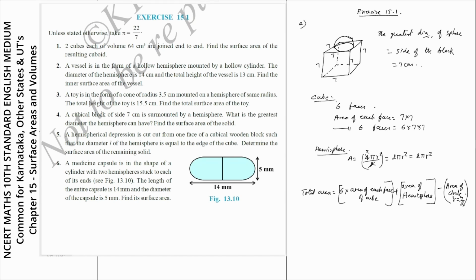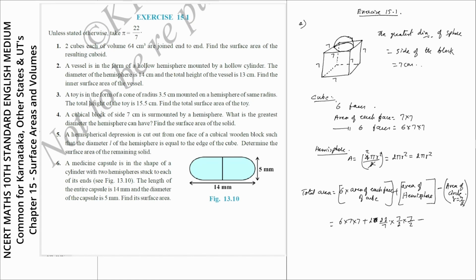Okay, now this is equal to 6 into area of each face of cube, that is 6 into 7 into 7, plus area of hemisphere is 2 pi r square, 2 into 22 by 7. What is r of the sphere? That is 7 by 2. 7 by 2 into r square means 7 by 2, 7 by 2 I'll get.